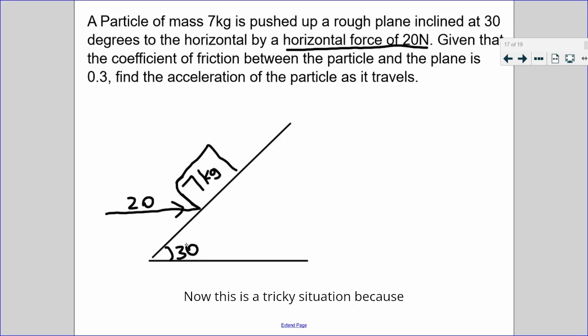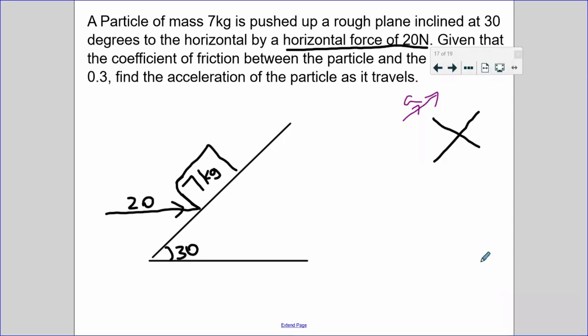Now, this is a tricky situation because we don't want horizontal or vertical forces. We want all our forces to be either parallel to the slope or perpendicular. So we don't want the horizontal one, 20. So we need to find the two components of 20.